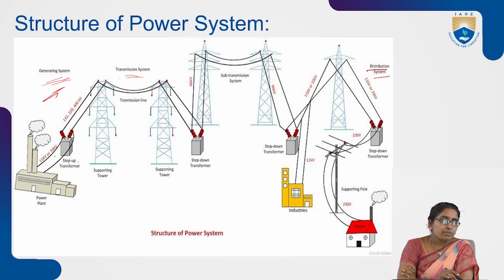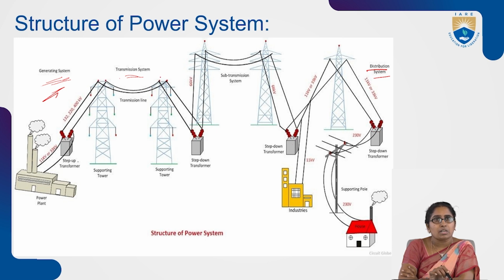To reach the consumer premises, this power must be transmitted over long distances, so the generated voltage is stepped up to higher voltages, 132 kV, 220 kV or 440 kV, to reduce the power losses. Then this high voltage is transmitted over the transmission lines.